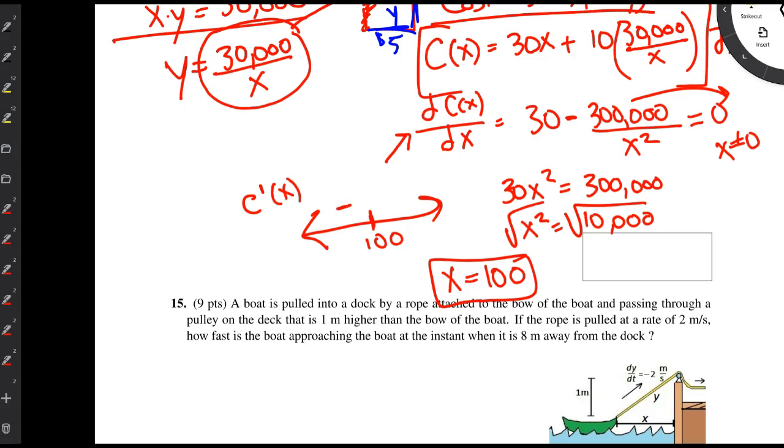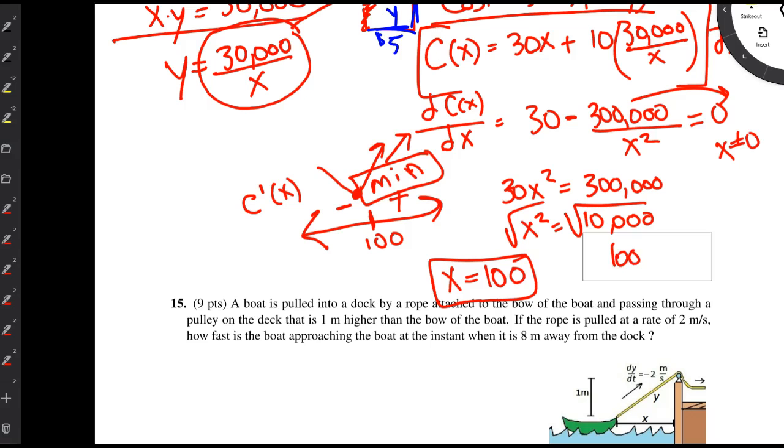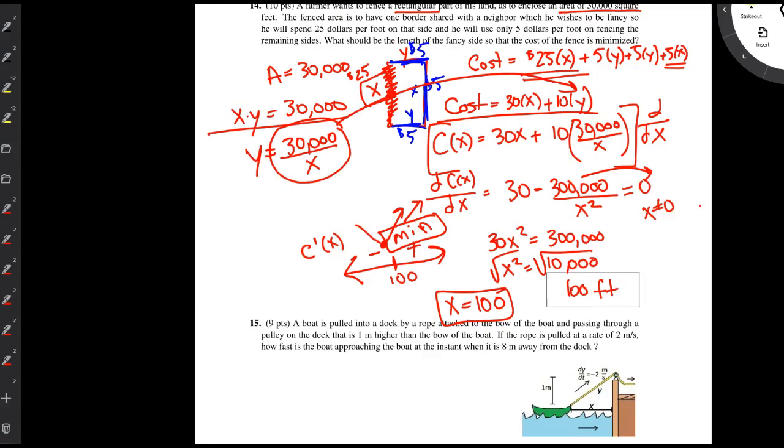If I plug in a number greater than 100, let's say I plug in 101, I get positive. So I have a negative slope on the left and a positive slope on the right. This is a minimum. So that is telling me I have a minimum point at that point. X is what I wanted to find, so this is going to be 100 feet.